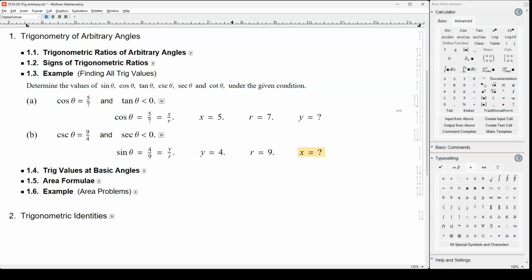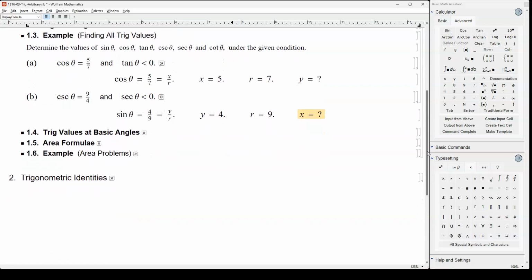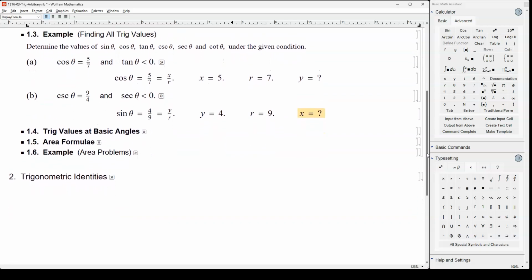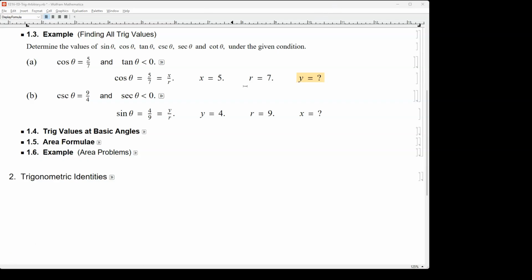Let's draw a triangle, completely forgetting about the orientation. Let's do this one first. In this case, we are going to get something like this. A right triangle like this, the radius is 7, and the vertical is 5. This picture is wildly wrong, but it's okay. Nobody cares about the scaling here.